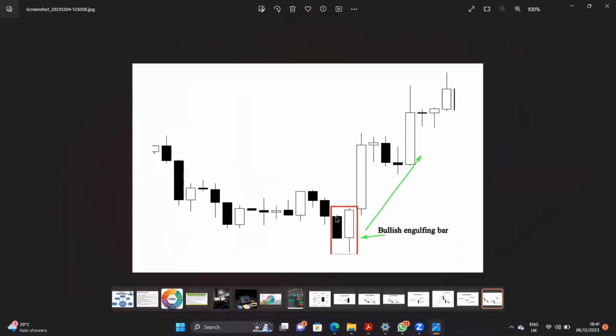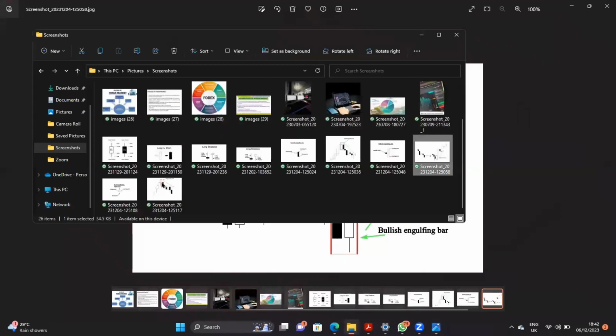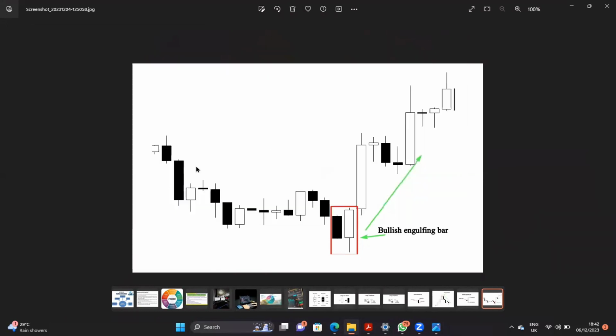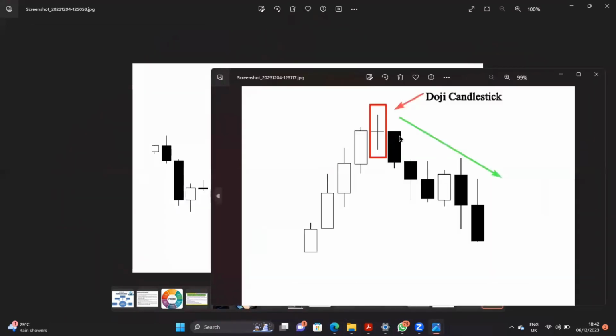The dark candle is a bearish candle, and then the white candle is a bullish candle, which has totally engulfed the bearish candle, signaling to us that buyers are more actively involved in the market at this particular phase or this particular time in price, right? You can also see it for the bearish too.